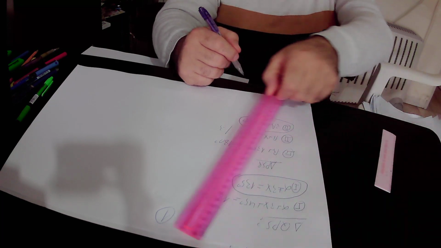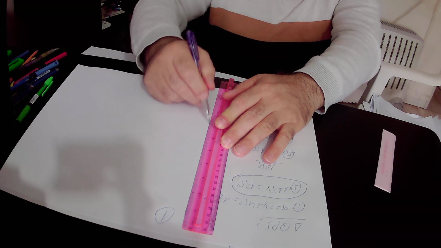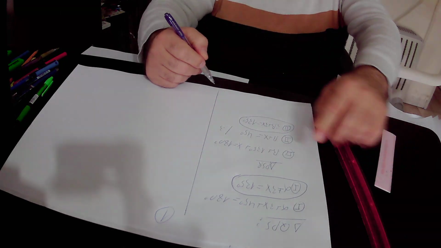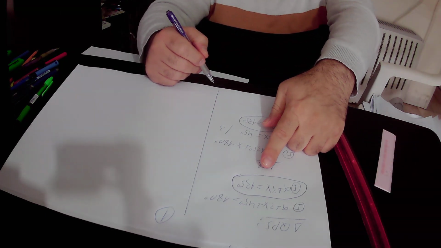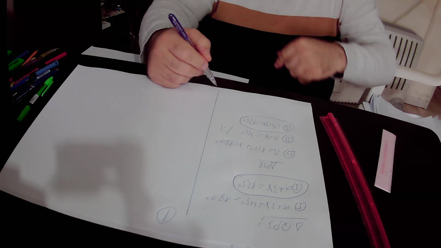So we can create equation number 3 that says that equation number 1 is equal to equation number 2, because in both equations one side of the equation is 135 degrees.